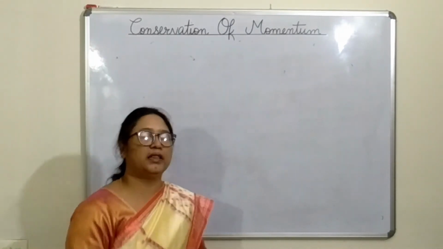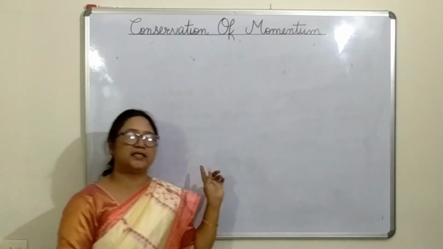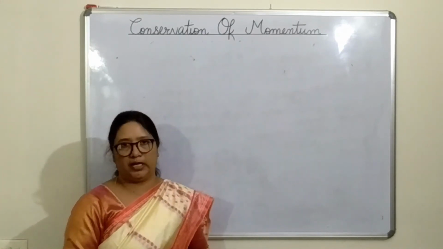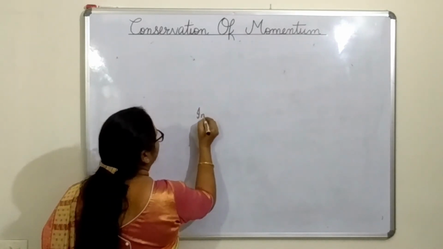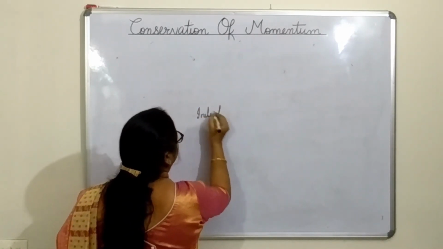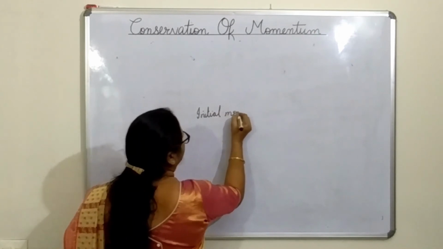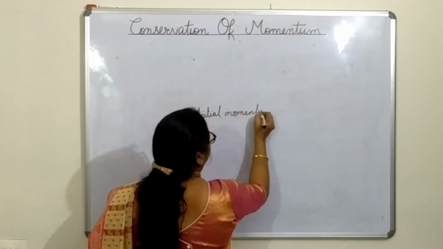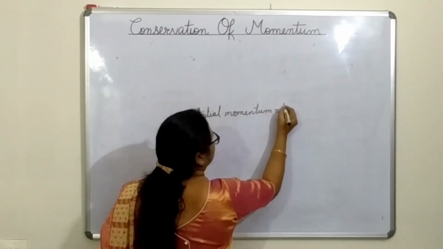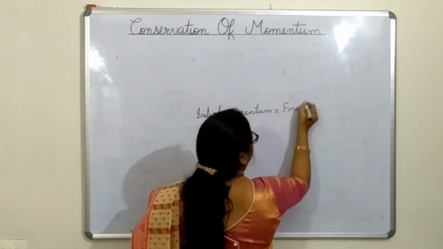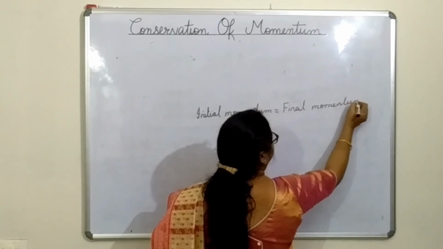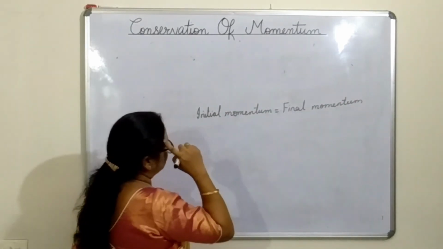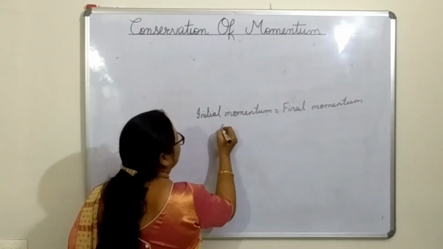Just we will recall that example which I discussed about the gun and the bullet. In that, initial momentum is equal to final momentum. In that, what we got?